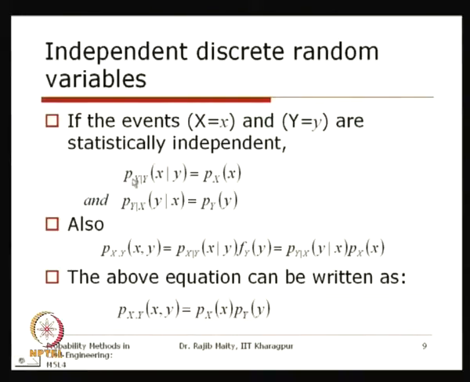So the given y has no influence, meaning P(x given y) equals P(x), and vice versa, P(y given x) equals P(y), the marginal density for Y.